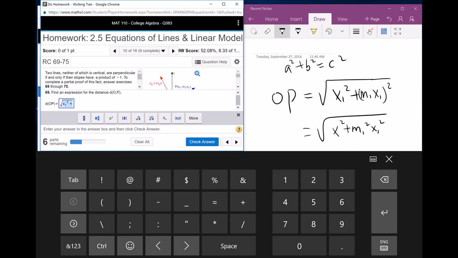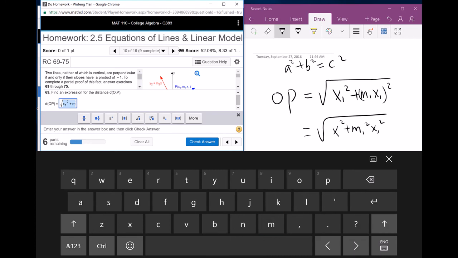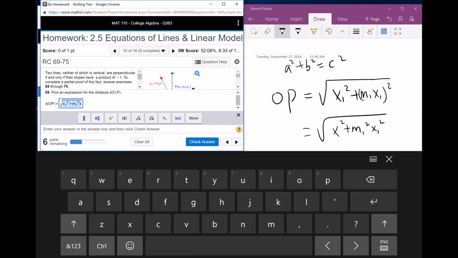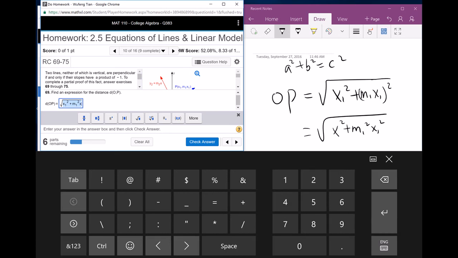It's a little time consuming to type in here.